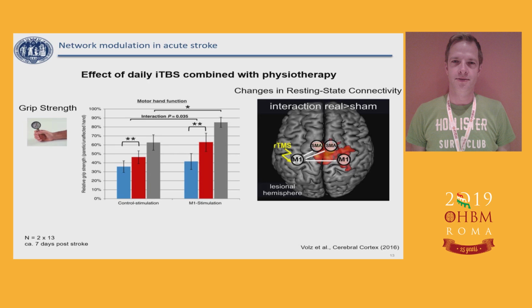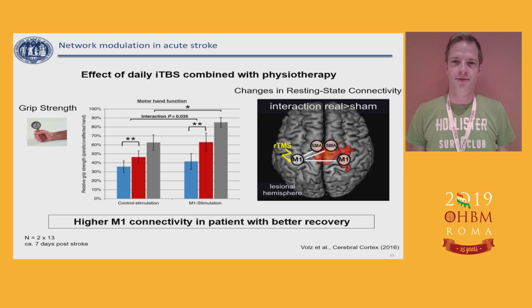So it seems that this technique has somewhat interfered with connectivity such that it increased and stabilized activity. And maybe this early increase of connectivity, which is typically reduced in stroke, especially over time, is one mechanistic explanation for the effects we can observe with this technique.